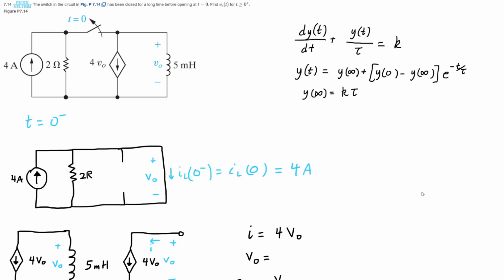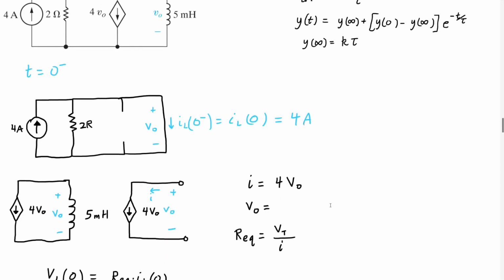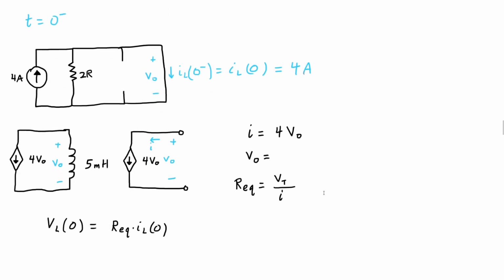It also is going to be IL0 plus after the switch, right at the instant the switch is thrown, because the current cannot change instantaneously, because we need infinite energy to do that, and we don't have that. So to find the equivalent resistance, we need to find our RL time constant.